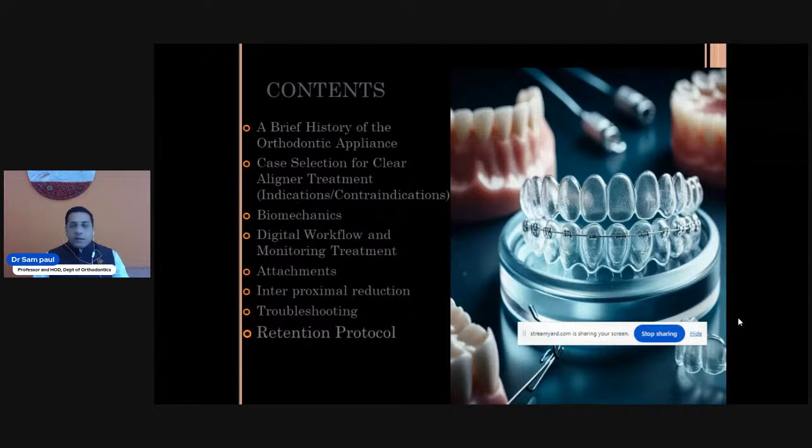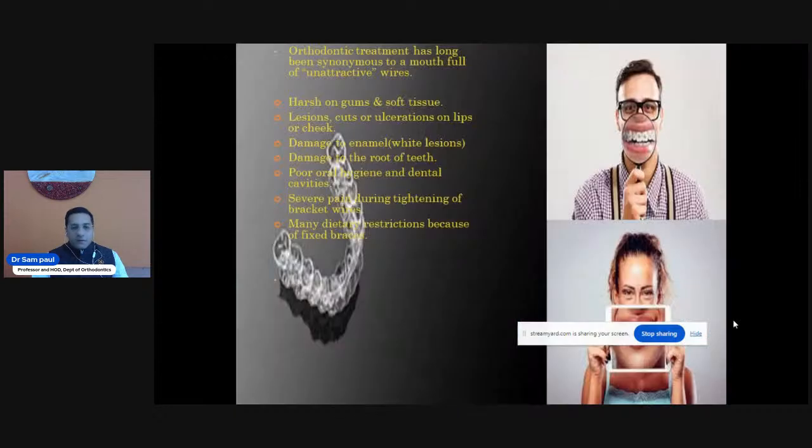In today's class, we will discuss the indications, which are the suitable cases you should try, and which cases you should not try, and a little bit of history and the biomechanics of clear aligner treatment. And again, step by step, when a patient comes to your clinic, all the things you are supposed to do to get this treatment done, we will discuss in this around 45 minutes period of time.